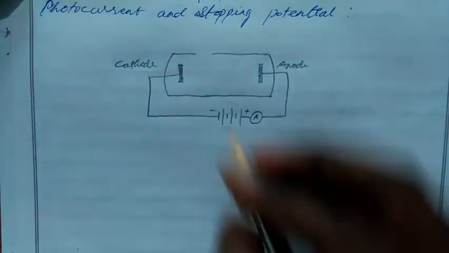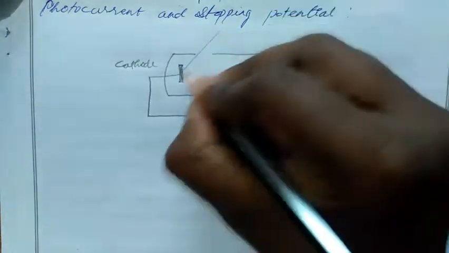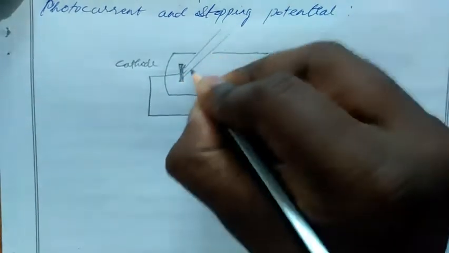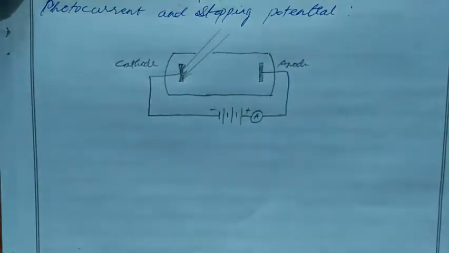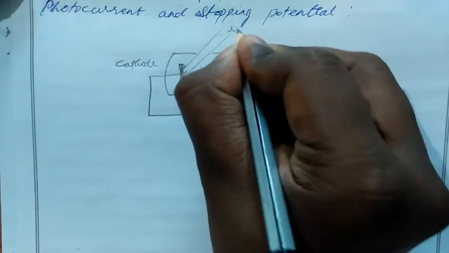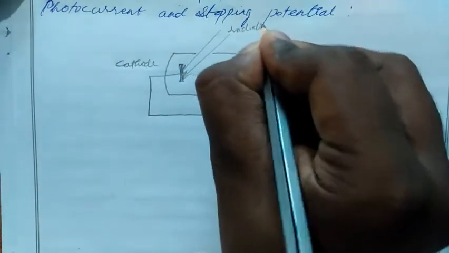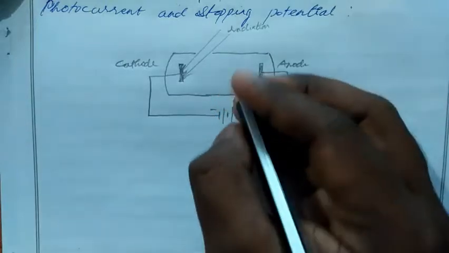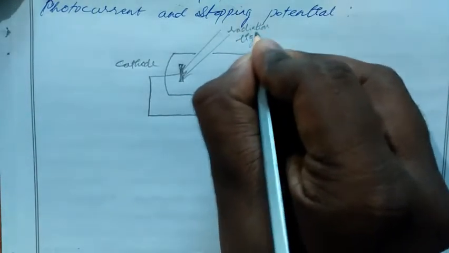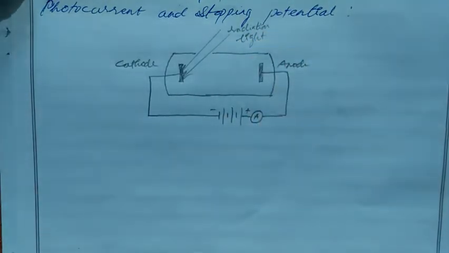Through the small opening, radiation of light falls on the cathode. This is the radiation: light of high frequency and low wavelength.